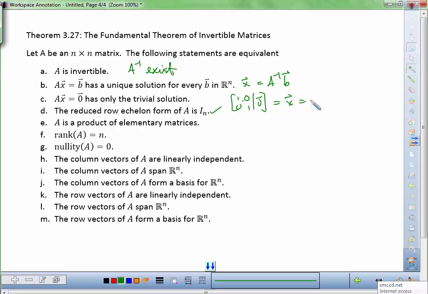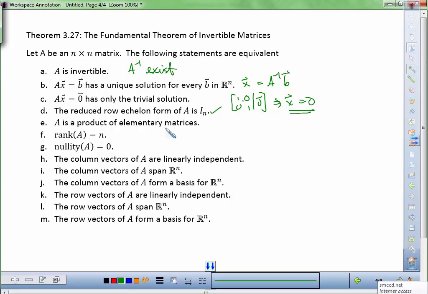So your x vector is equal to 0. So that's what C is saying. Because the inverse exists, you can reduce it to 1s in the diagonals, and then your augmented matrix with a 0 vector is going to be just 0. That's what it means to be the trivial solution.